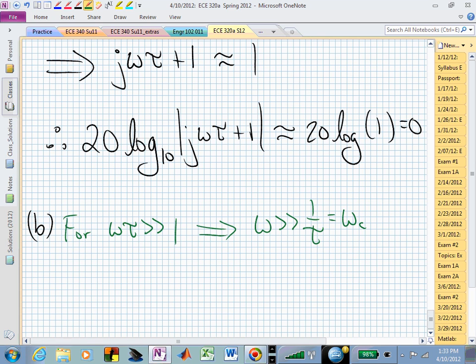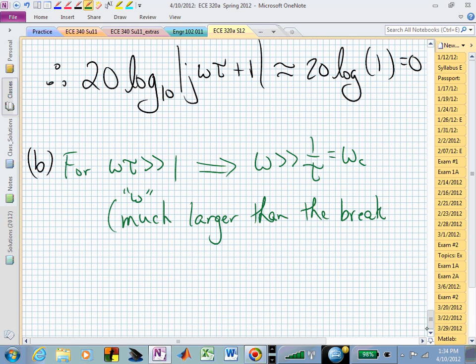So omega is much larger than, in Bode plot terminology, the break frequency. It's where the magnitude plot breaks, or it's much larger than the pole location.